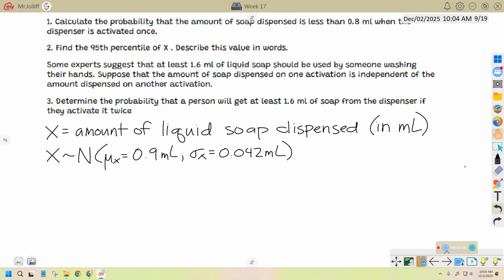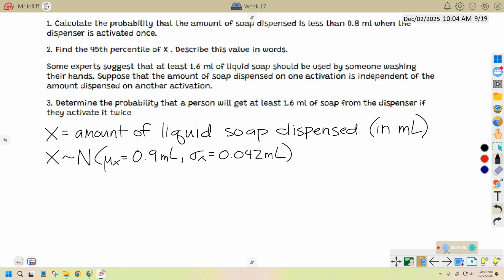It says calculate the probability that the amount of soap dispensed is less than 0.8 ml. So I'm going to write that problem using appropriate probability notation.